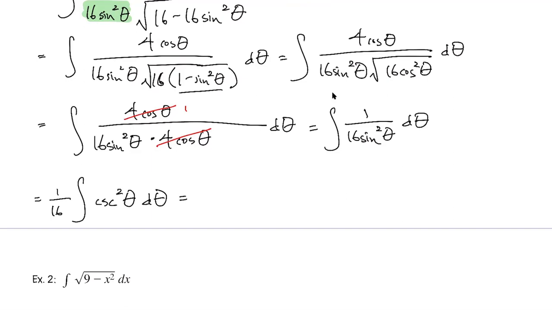Okay. Now, cosecant squared in my integral is actually super nice because the integral of cosecant squared is negative cotangent. That's one of our derivatives, right? The derivative of cotangent is negative cosecant squared. And so when I integrate this, I'm going to end up with negative 1/16 cotangent theta plus c.